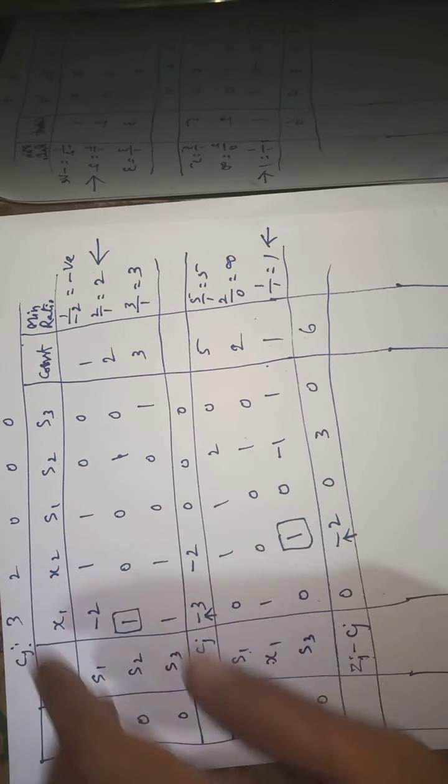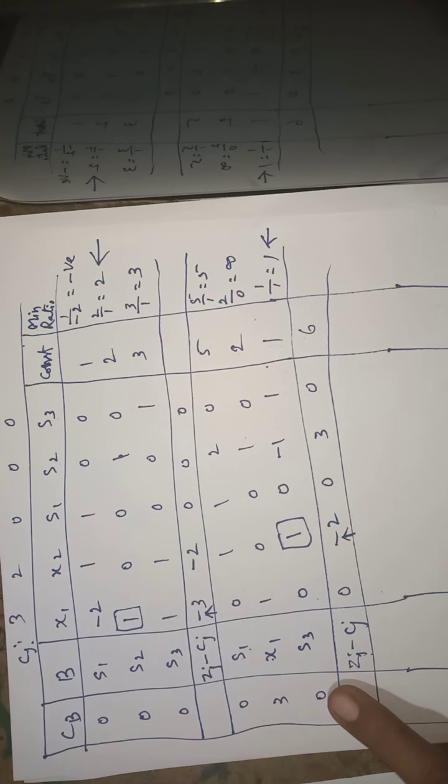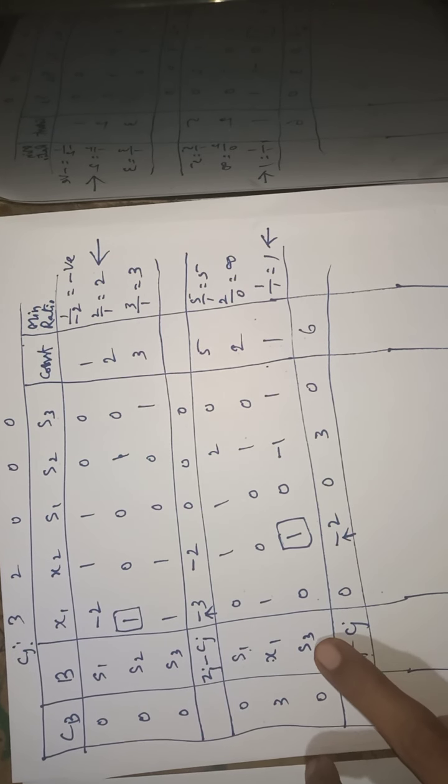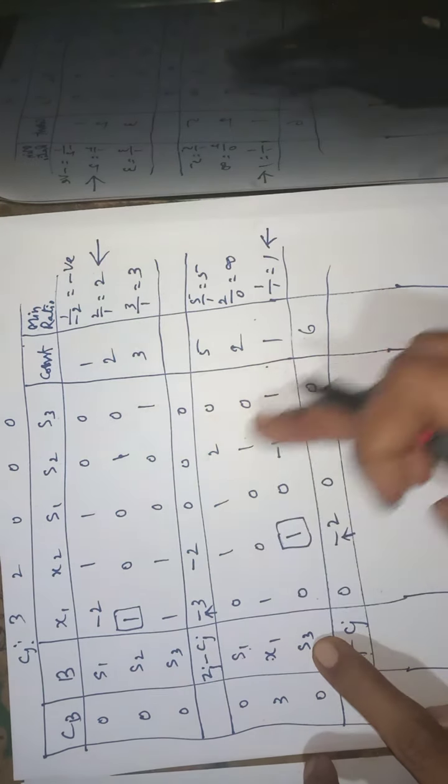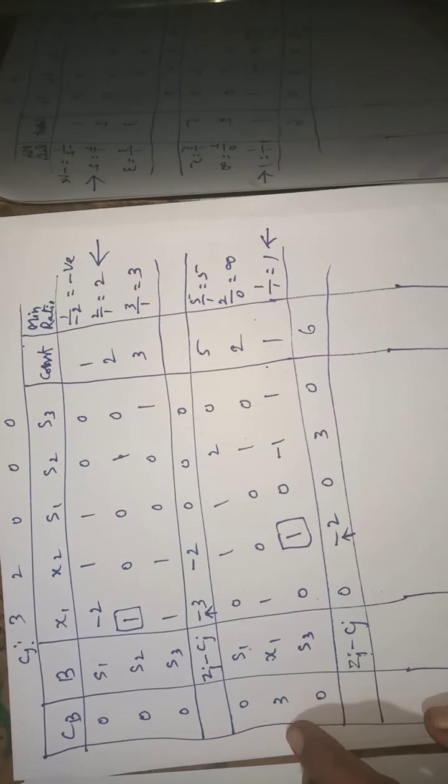That's why I'll remove S3 and in place of S3 I'll write X2, because X2 is entering, S3 is leaving. Above X2, 2 is there. The remaining I'll write as it is: X1 3, S1 0.